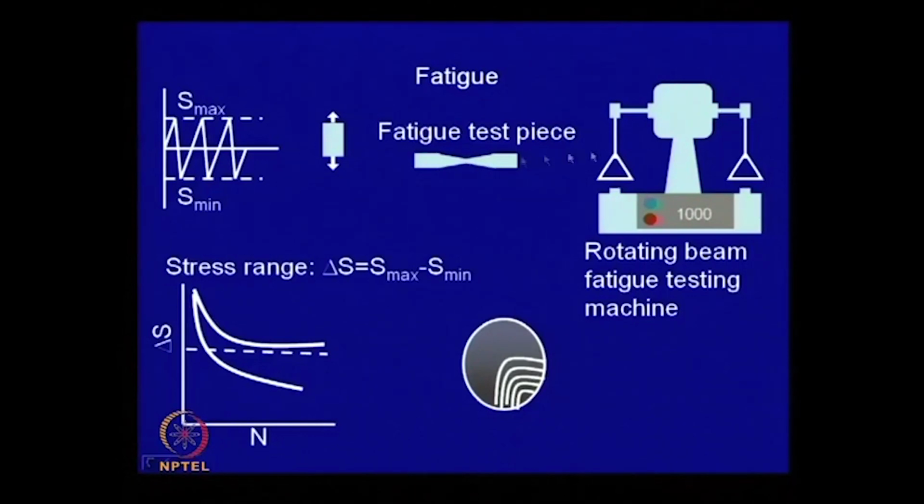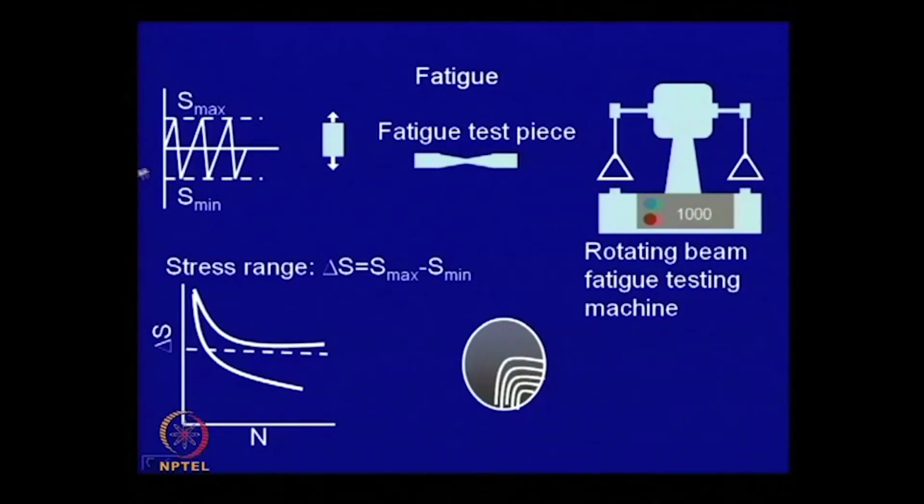This is primarily because it is loaded like a cantilever. So, the reduction in section size is designed in such a way that you have maximum stress over here. So, when failure takes place, it will take place at this particular place, and this is how the test is done. You can usually mount two samples simultaneously, and this is the load which is given.